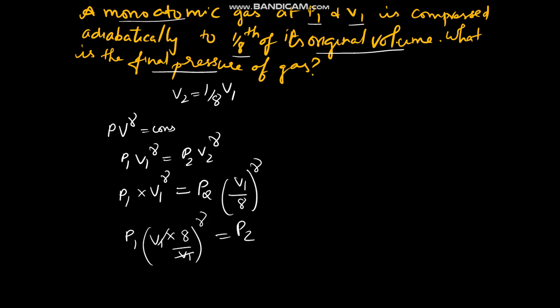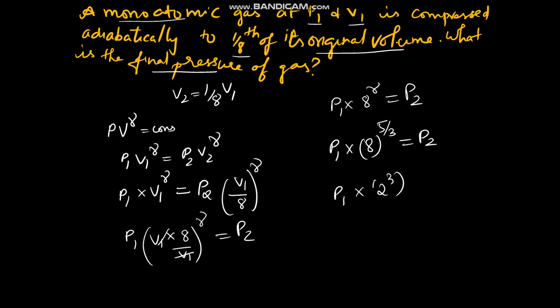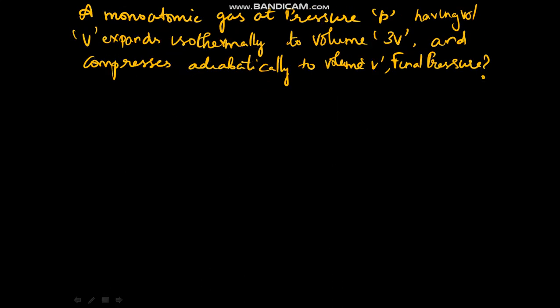So V1 gets cancelled, so P1 into 8 gamma is the P2 final pressure. So P1 into 8 power 5 by 3 for a monoatomic gas. So P1 into 2 power 3 into 5 by 3 is equal to P2. This 3 and this 3 get cancelled, so P2 is P1 into 2 power 5. This is the final pressure.